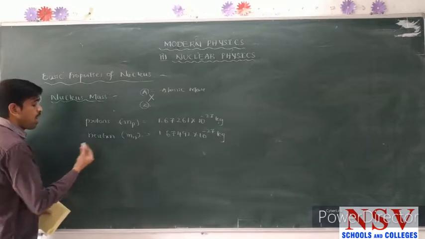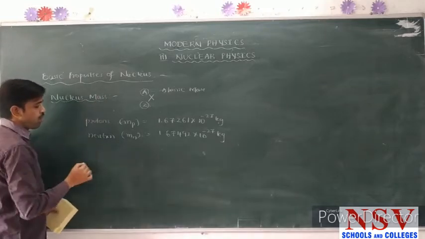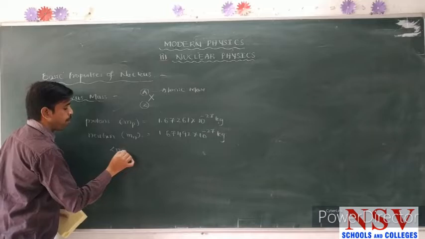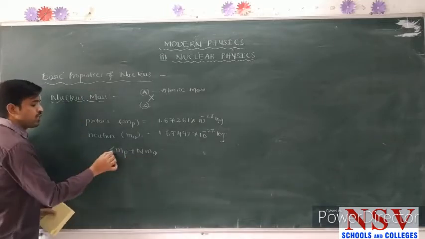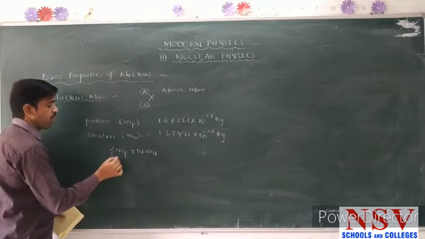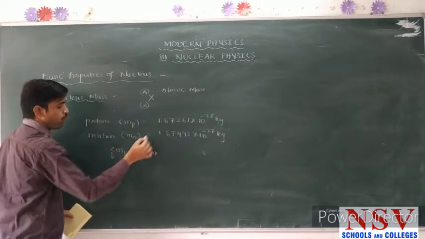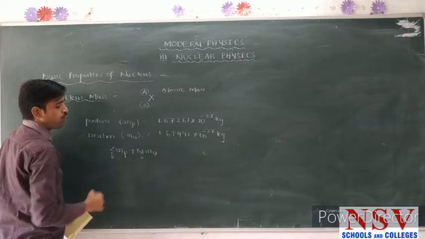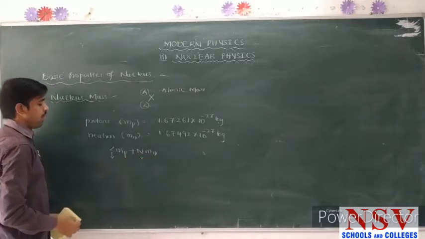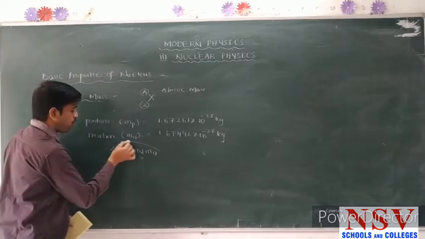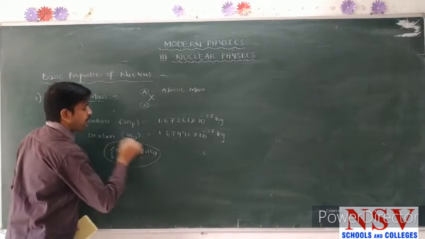How do we calculate the nuclear mass? It is Z Mp plus N Mn. Here Z represents the number of protons, Mp is the mass of the proton, N is the number of neutrons, and Mn is the mass of the neutron.